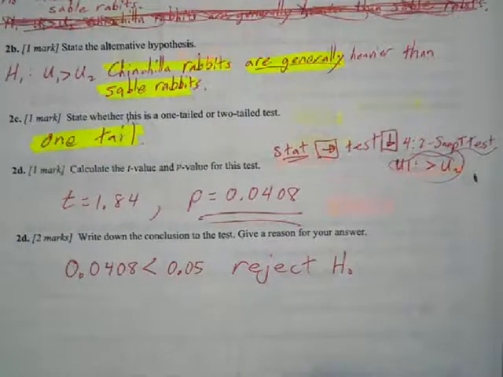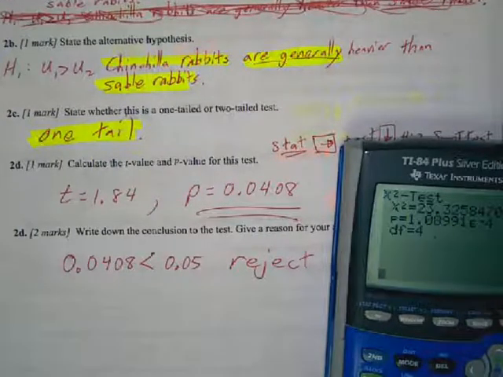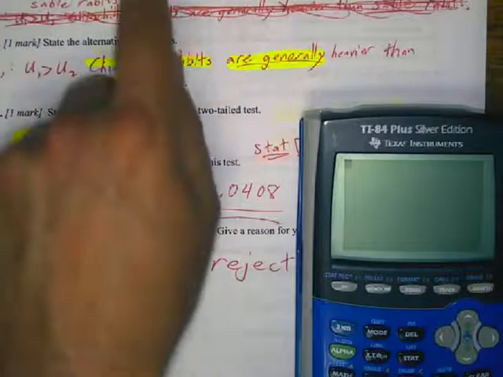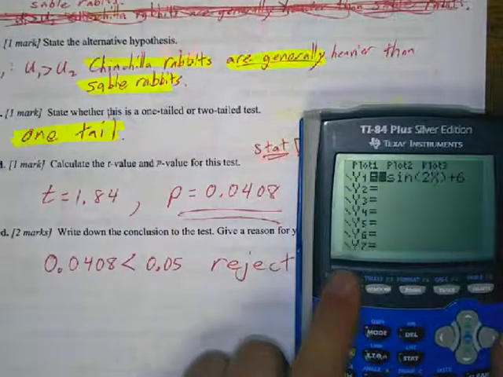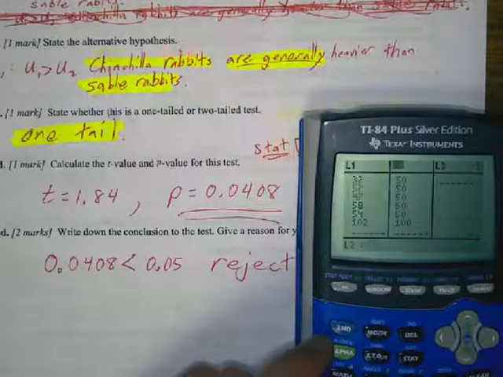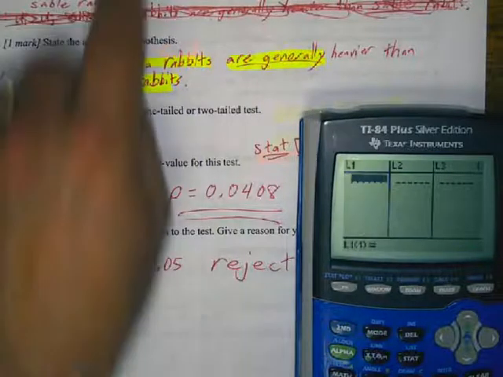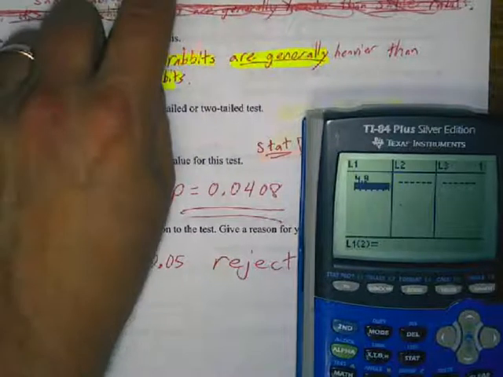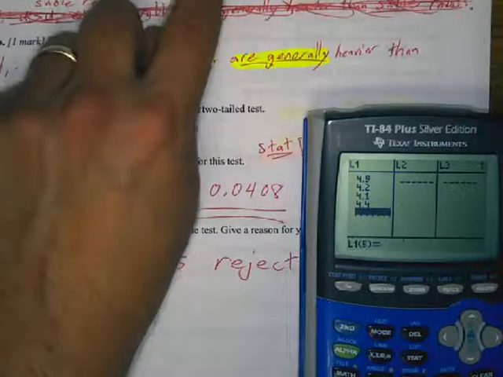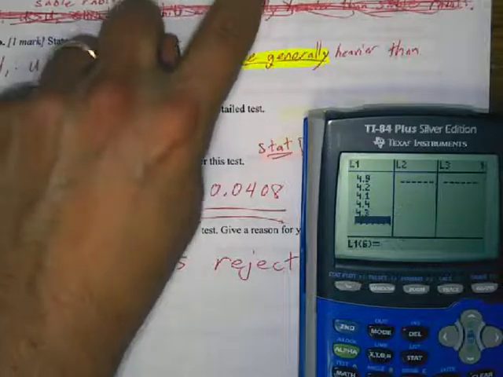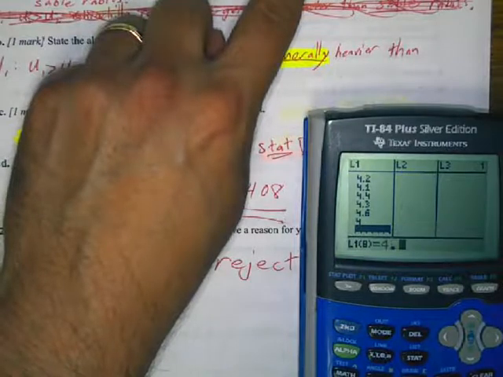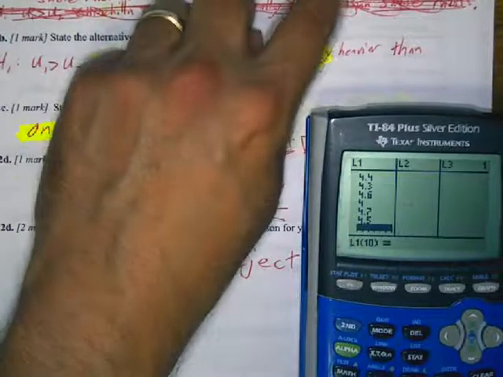So if I enter all the data in here, okay, if I enter all the data, then we get, let's see, 4.9, 4.2, 4.1, 4.4, 4.3, 4.6, 4, 4.7, 4.5, 4.4.